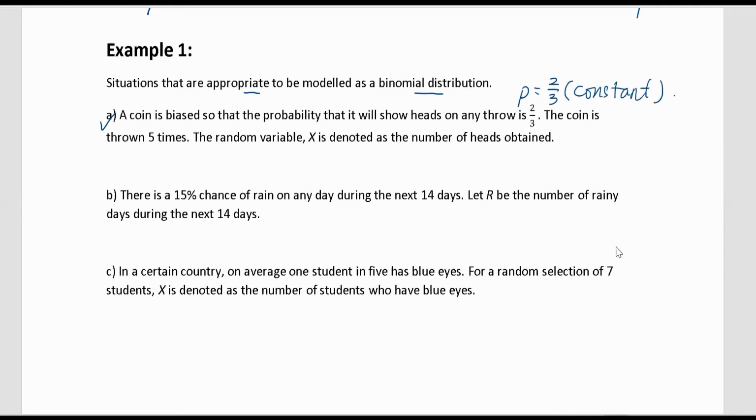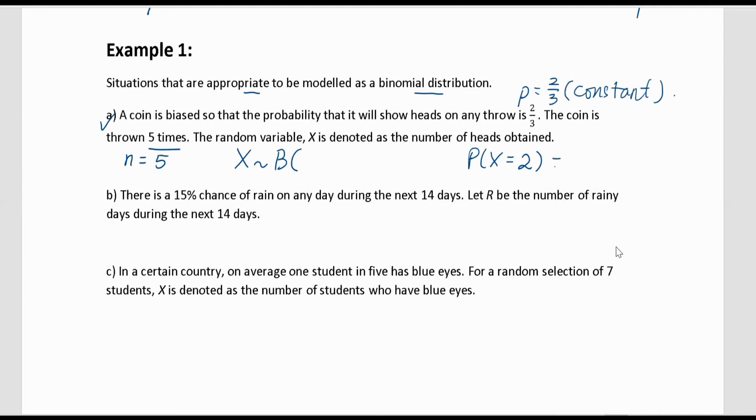The coin is thrown 5 times. This is the fixed number of independent trials, which is small letter n, so 5 times. The random variable X is denoted as the number of heads obtained. So we randomly throw this coin 5 times and we are finding the probability, let's say, that X equals 2.